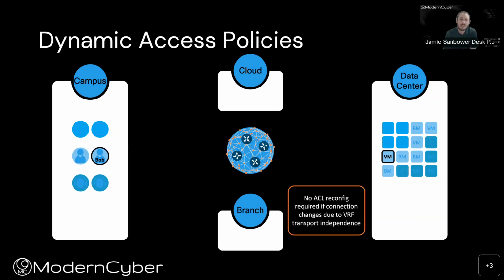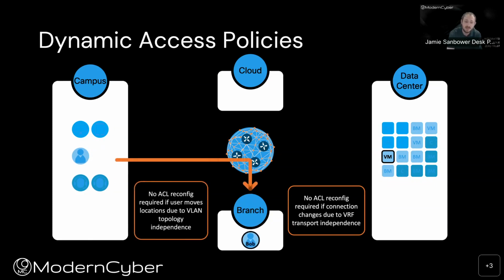So by using things like dynamic object groups or security groups as it relates to networking, now I'm able to apply a consistent policy and not require any type of ACL or manual change to occur as something like Bob moves from the campus to another branch. His policy, his rights and resources should remain the same irrespective of location and irrespective of where he's connecting into applications or resources.